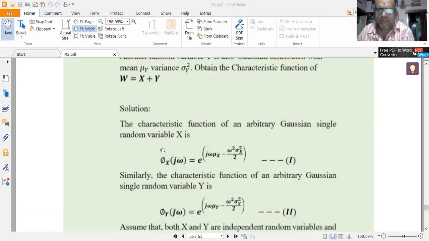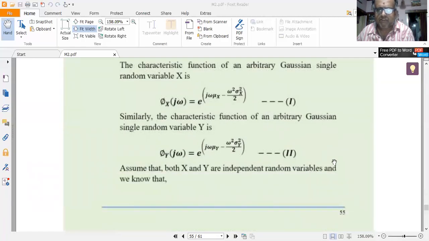The characteristic function of an arbitrary Gaussian single random variable capital X, which we have derived in module 1, is found to be phi x of j omega, which is equal to e to the power of j omega mu x minus omega squared sigma x squared by 2. Call it equation 1.